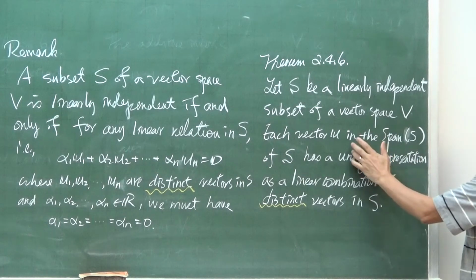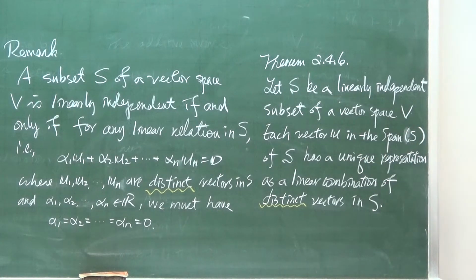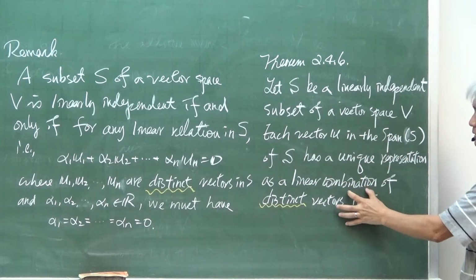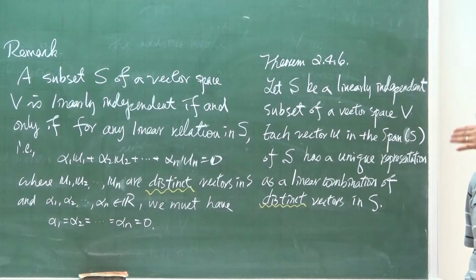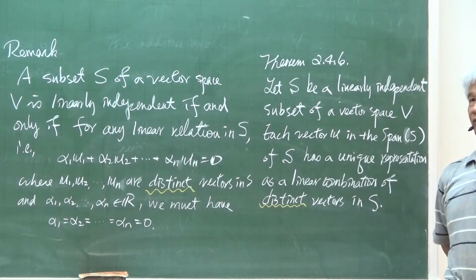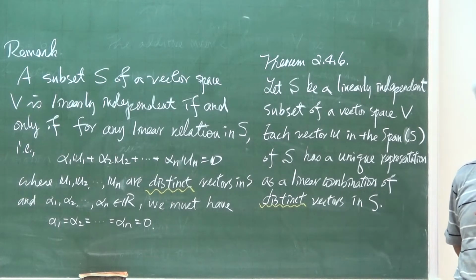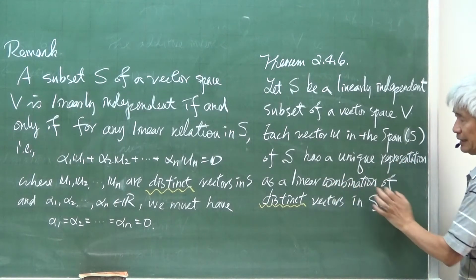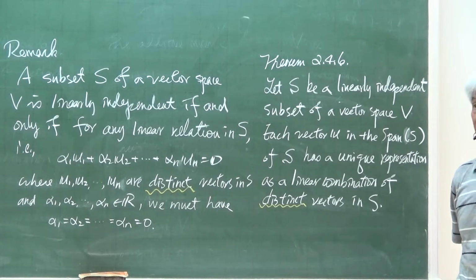And the importance of this theorem is that if S is linearly independent, then for any linear combinations of distinct vectors, it is impossible for you to have two different linear combinations to be equal.